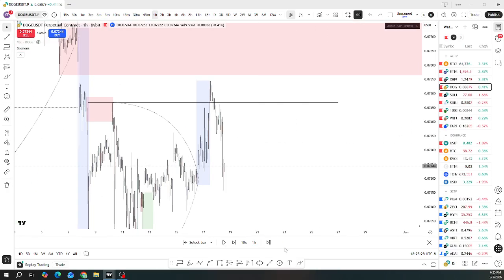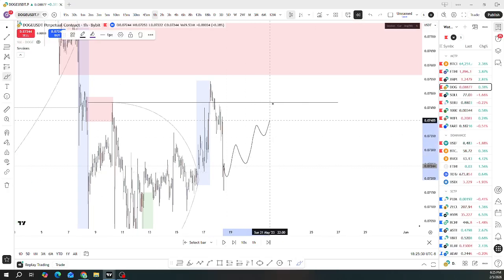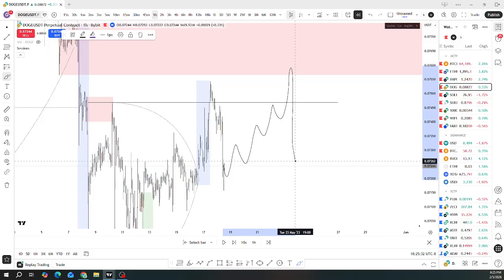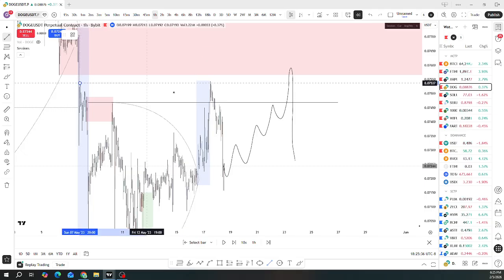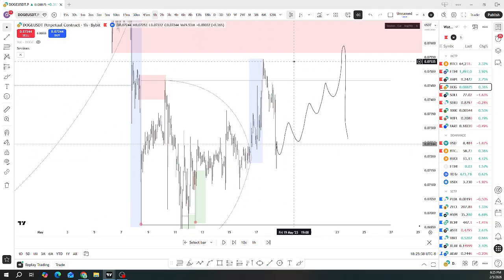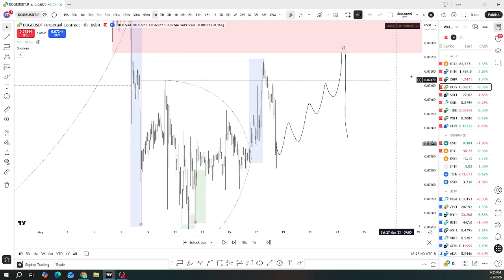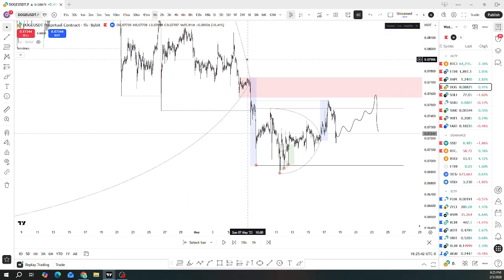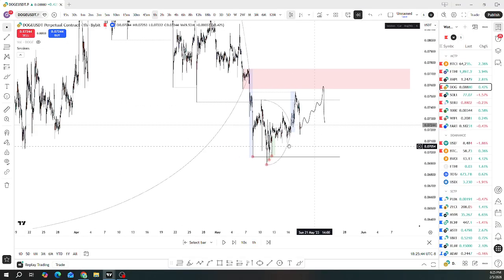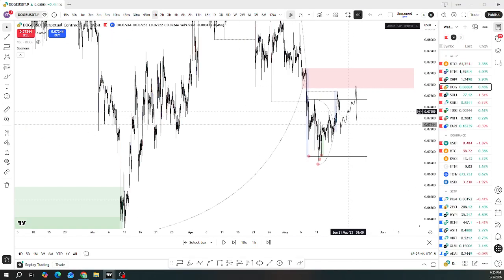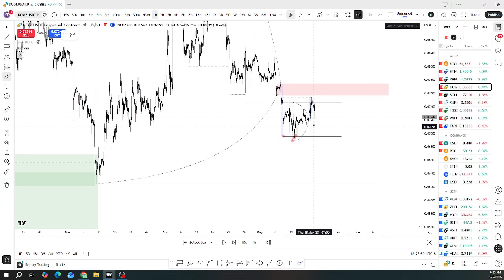Yeah, if you did a Model 1 like that, that could be nice. You could just short that right there. This was a nice liquidity sweep there. Doesn't look like this is going to be playing out just yet. But like I was saying, price could want to come deeper.